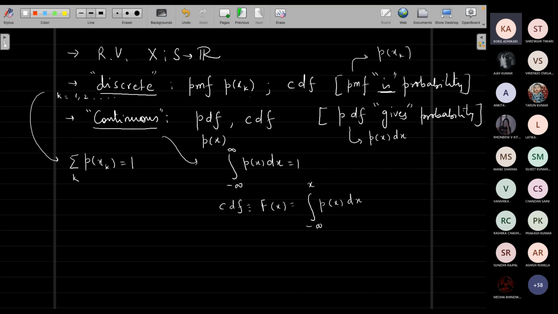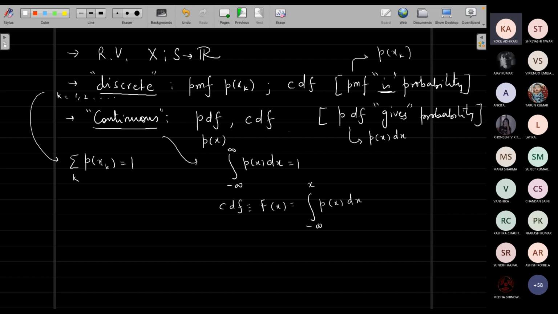Now, when we go to a continuous random variable, that means the random variable can take real values. In that case, we define something we call the probability density function, PDF. PDF gives probability in the sense that the probability in a small interval dx is equal to p(x) times dx. So p(x) itself is not probability, it gives us probability.